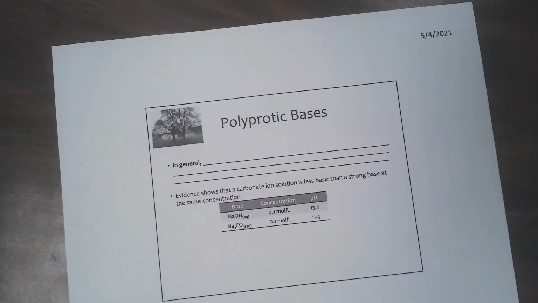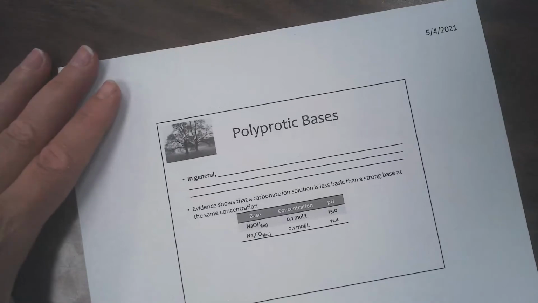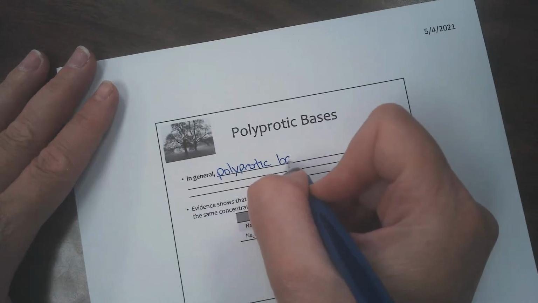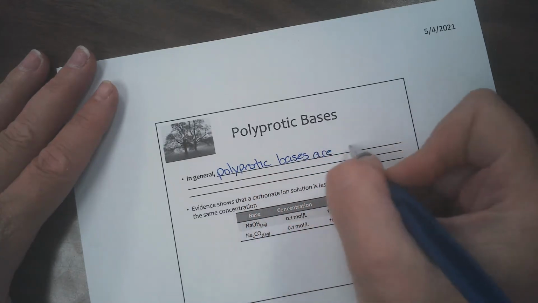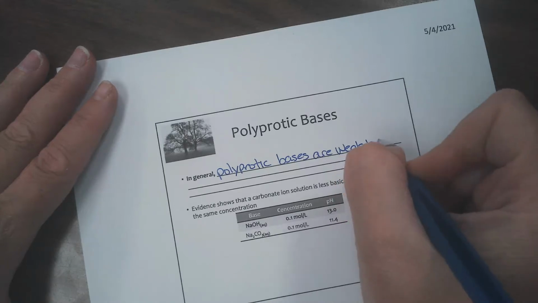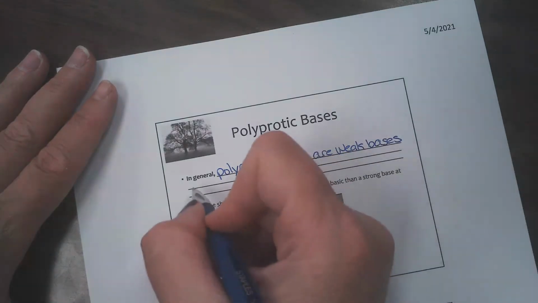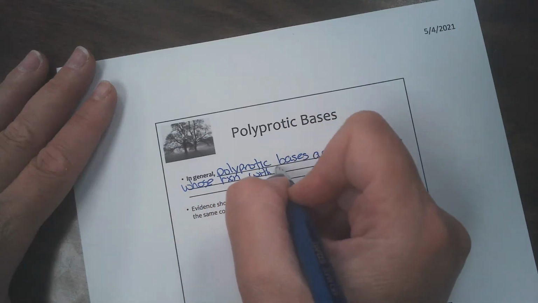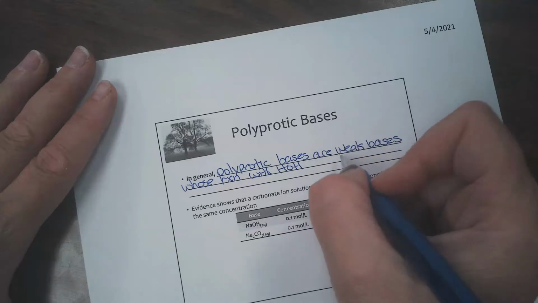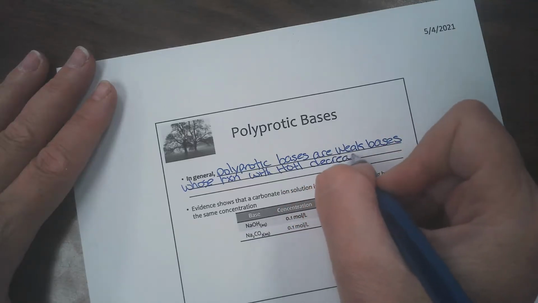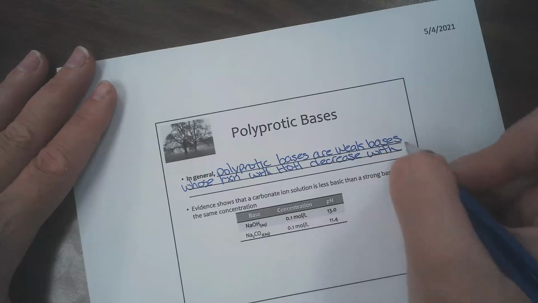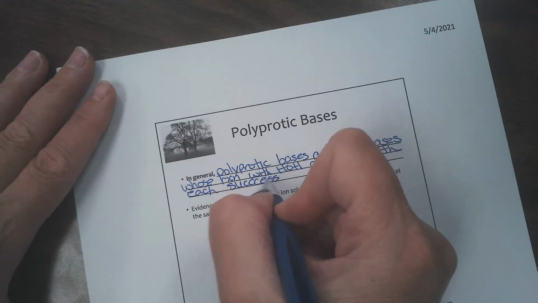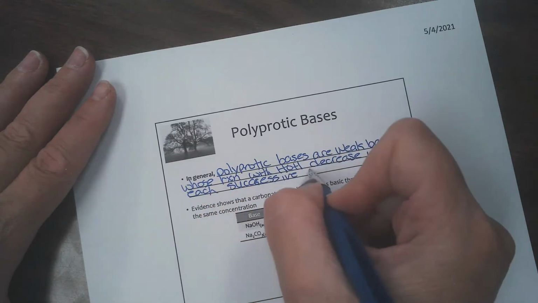So in general, what can we say about polyprotic bases? Well, polyprotic bases are weak bases whose reaction with water decreases with each successive step.